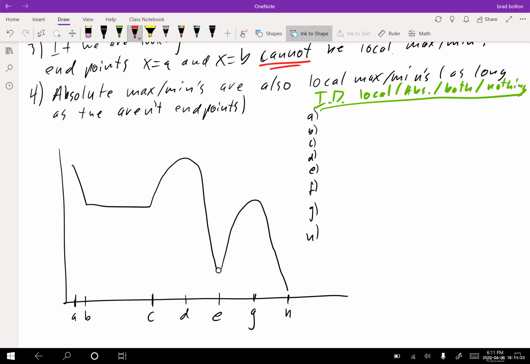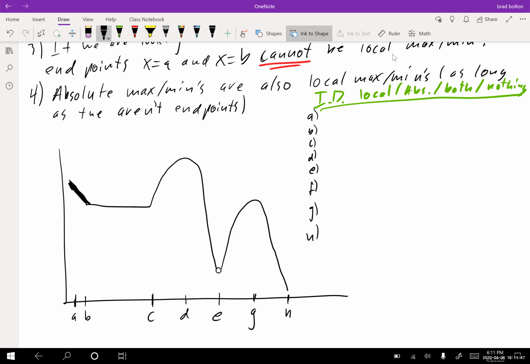All right. So for A, we're looking at A, that's right there, right? So A is an endpoint, okay? And I think I drew this a little bit badly. Let me draw this a little bit better. So let me just draw it like that. You guys get what I mean.